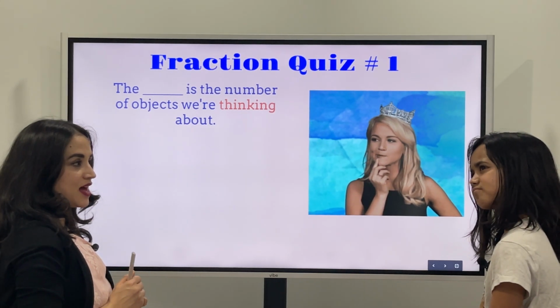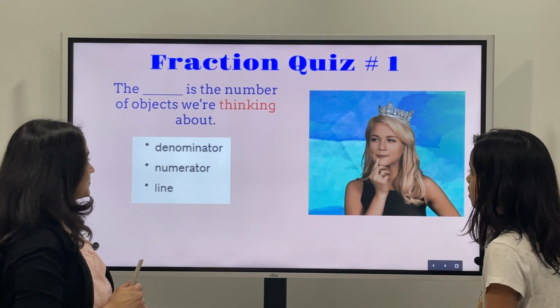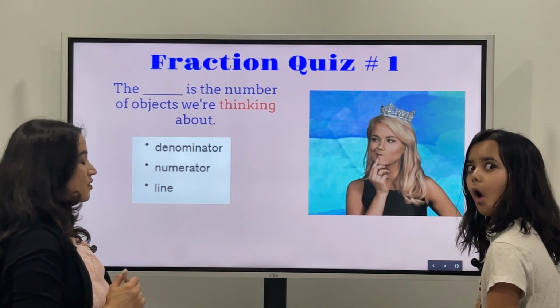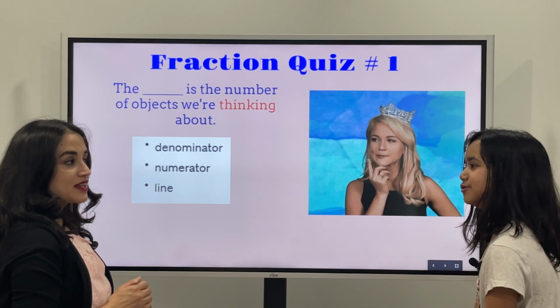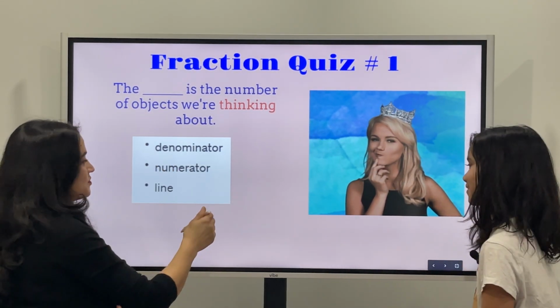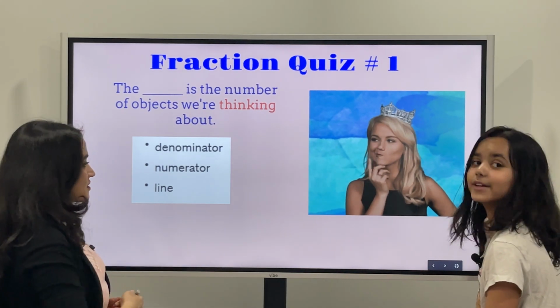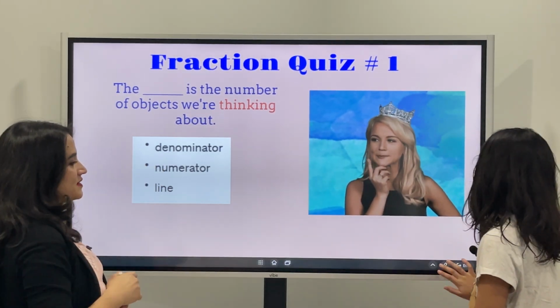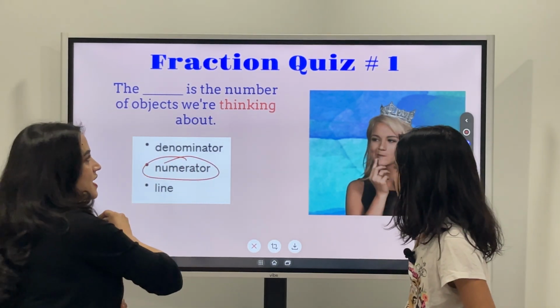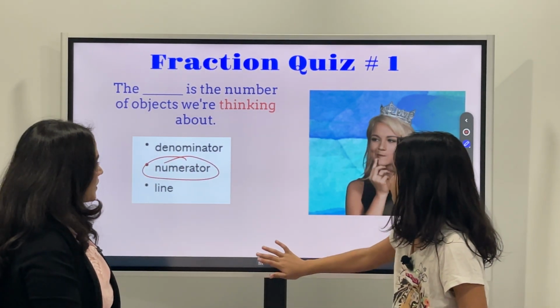So what will that be? We have some choices: A, denominator, B, numerator. I think it's numerator. Yeah, because we're thinking about it. Okay, so the numerator is the right answer.